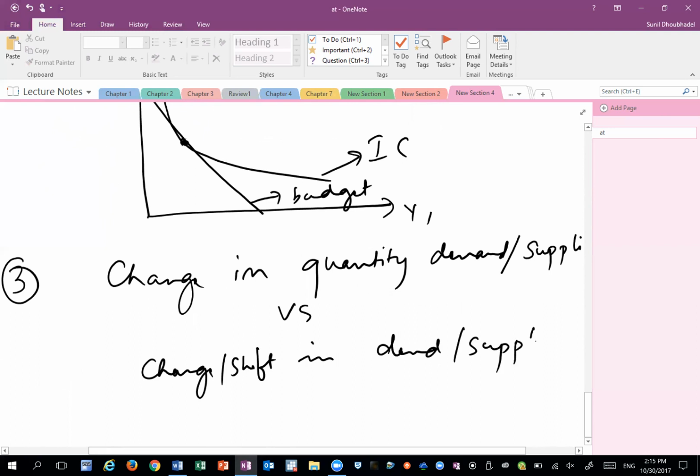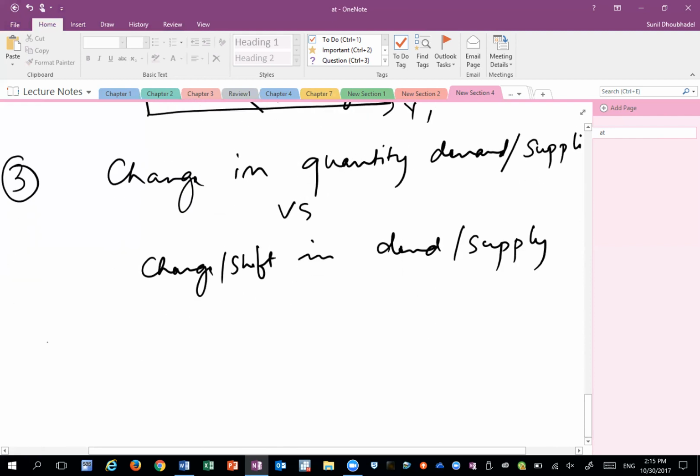Change in quantity demanded or supplied is movement along that demand or supply curve. When we talk about a shift or change in demand or supply, we're talking about factors other than the price.